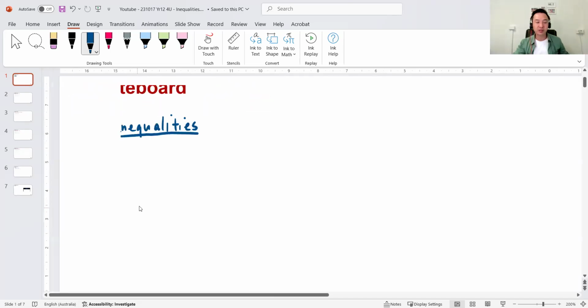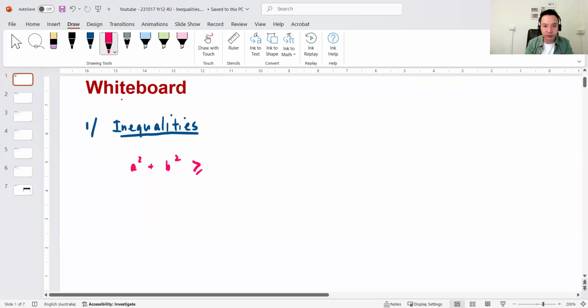So now, everything sort of starts with this inequality. In the textbooks, they usually start with the AMGM, arithmetic mean, geometric mean inequality. We always start with this: a squared plus b squared is greater than or equal to 2ab.